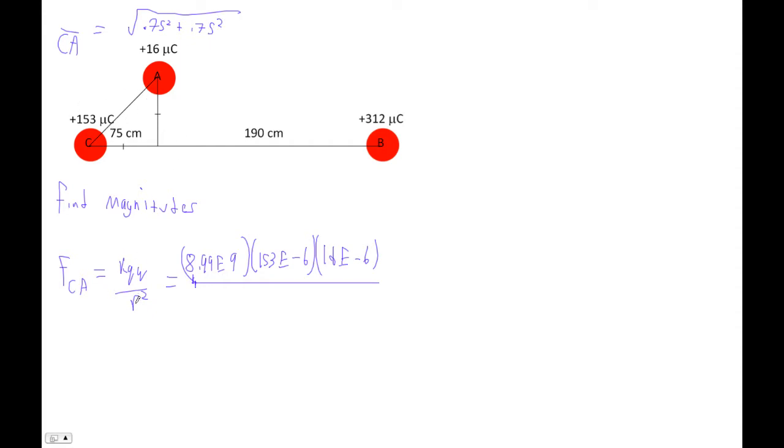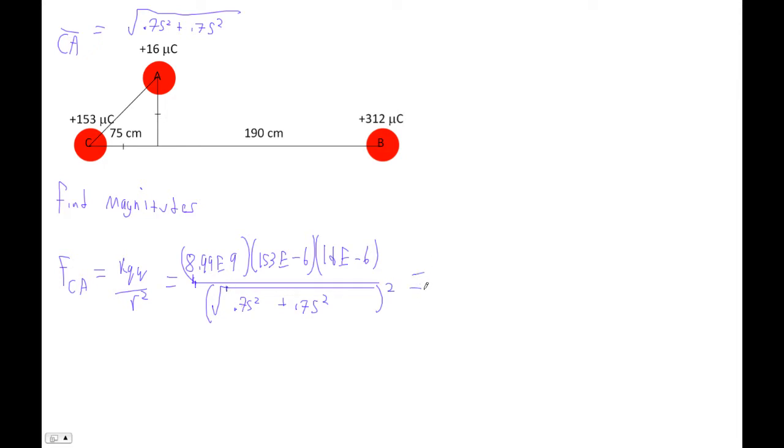Now, notice that it's r squared, and so we're ultimately going to square a square root. So I'll just write that, but from now on I don't need to. 0.75 squared plus 0.75 squared, and then this whole thing is squared, so the square root goes away. I don't even need to do it.